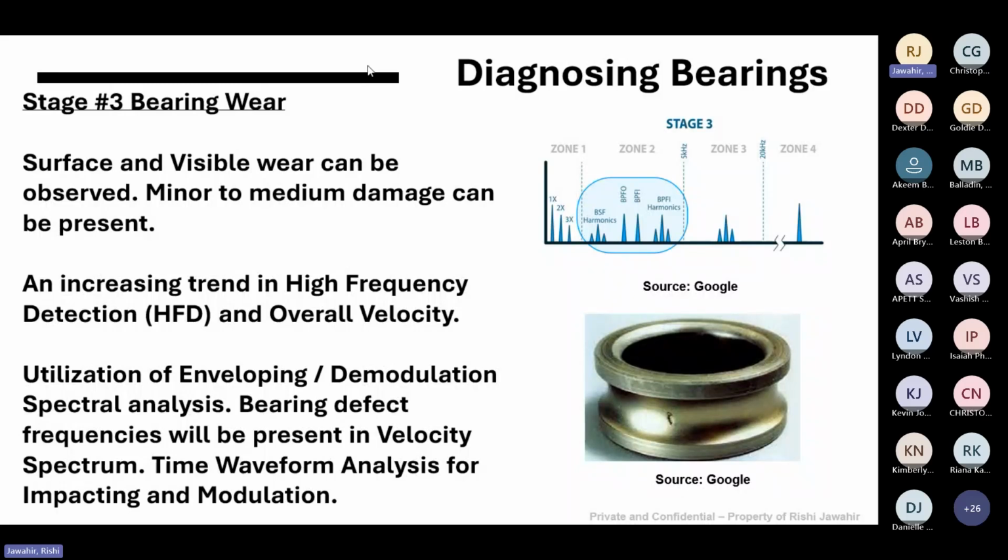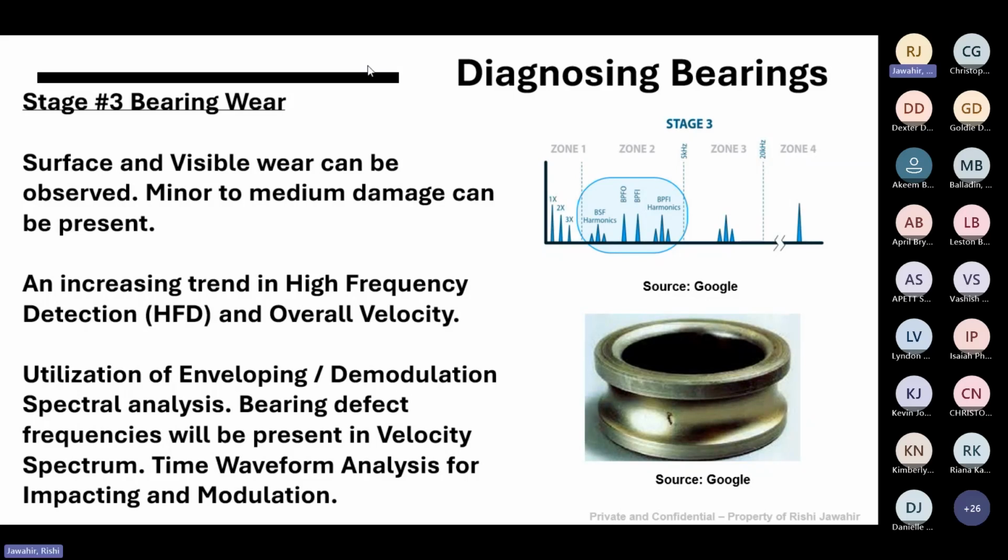So sometimes within 10 hertz up to maybe 500 hertz, 1,000 hertz. You may see this in the velocity region. And we could also start using our time waveform, which is a very good technique in vibration analysis to look for impacting and sometimes modulation, right?